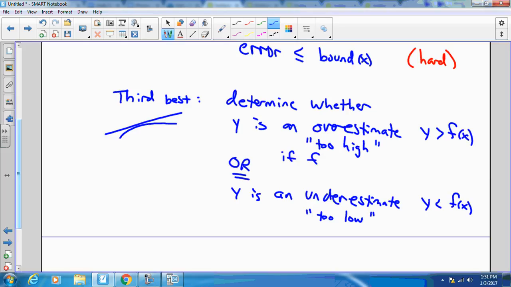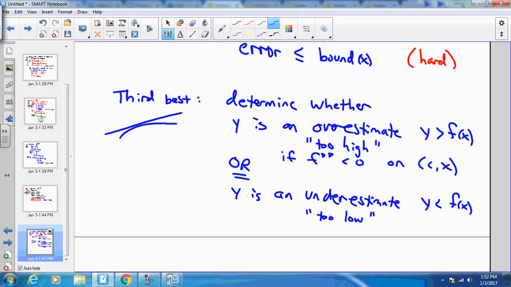It will always be the case that y will be an overestimate if f double prime is negative for all of the c's, for all of the x's between the point of tangency and the point of evaluation. Now, this is not an if and only if. This is only an if thing. If it so happens that my curve is concave down, then I know that my tangent line is an overestimate.